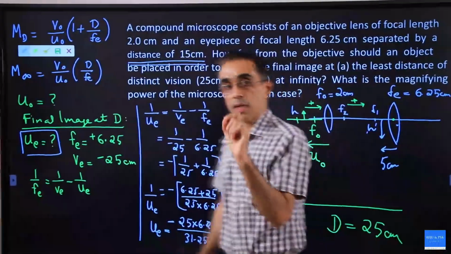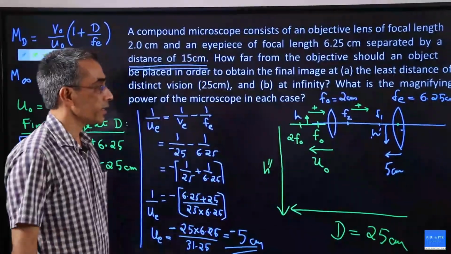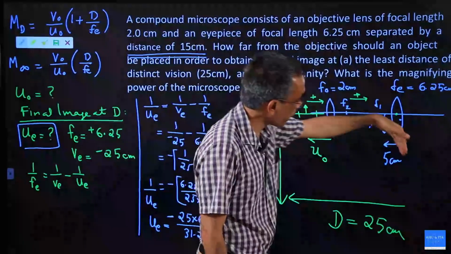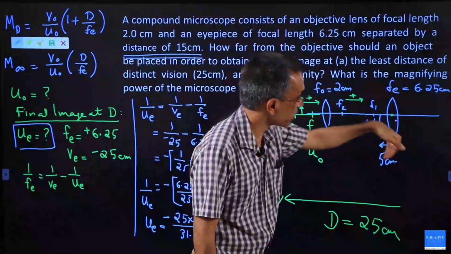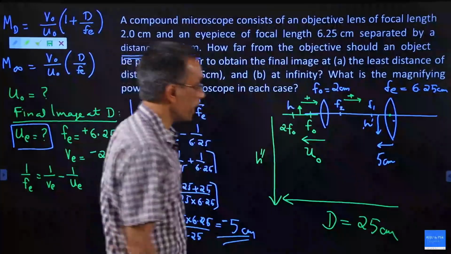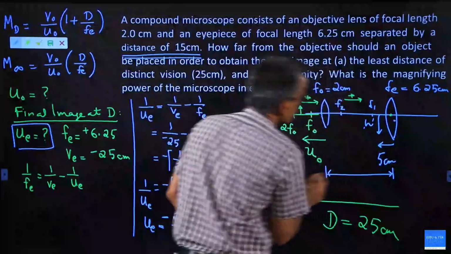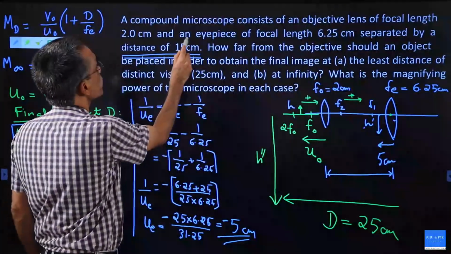So children, what did we get right now? We got the idea that the first image is at 5 centimeter from the eye lens. What is the distance between the two lenses? 15 centimeter.